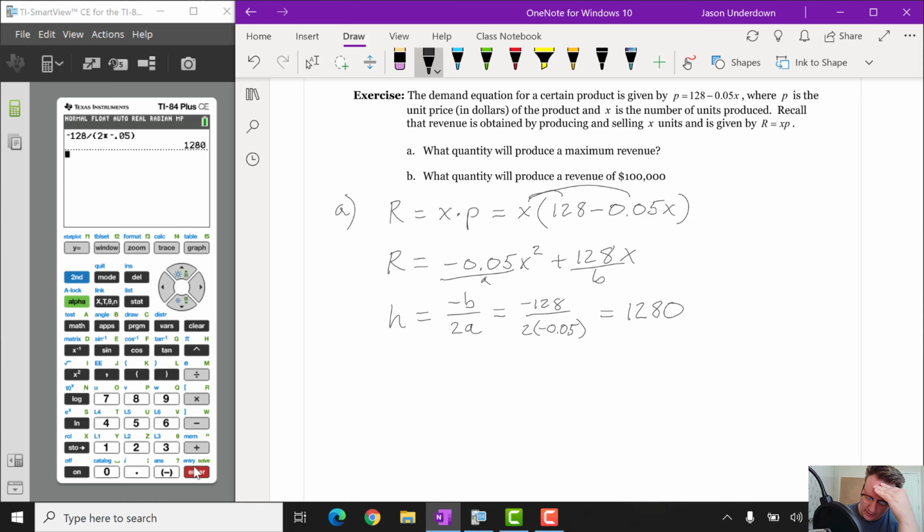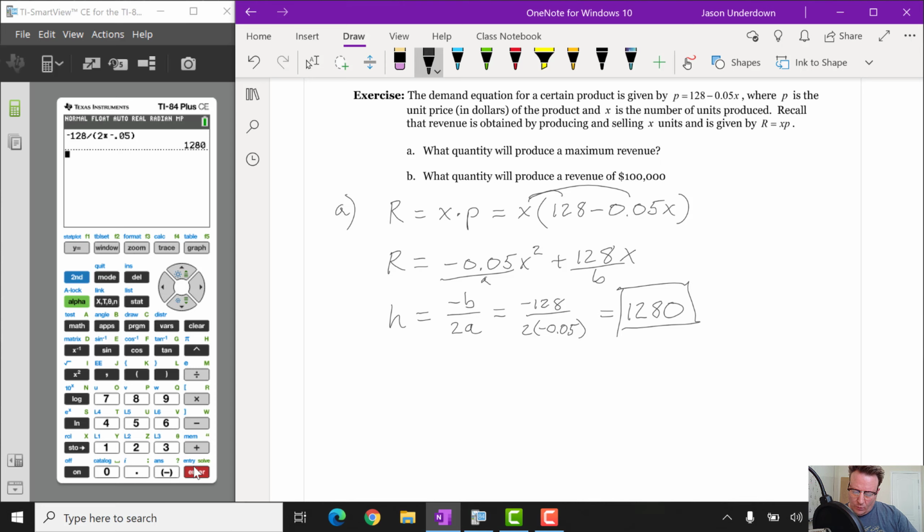So there we go. This function measures revenue just in units, not in hundreds of units or thousands of units. So that is our answer for part A. In order to maximize revenue, we need to produce 1,280 units of this product.